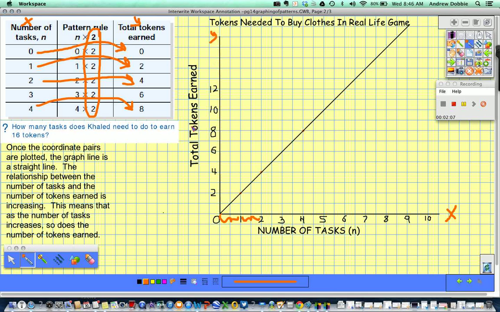for total tokens earned, I look up here and it seems to be counting by 2s rather than counting by 1s. So what I would like to do is count by 2s, but again, my plan is to skip every other line, so I've got them spread out so I can clearly see my answer, because if they're too tightly packed together, then the height of my graph would be really short. It may only be this tall.